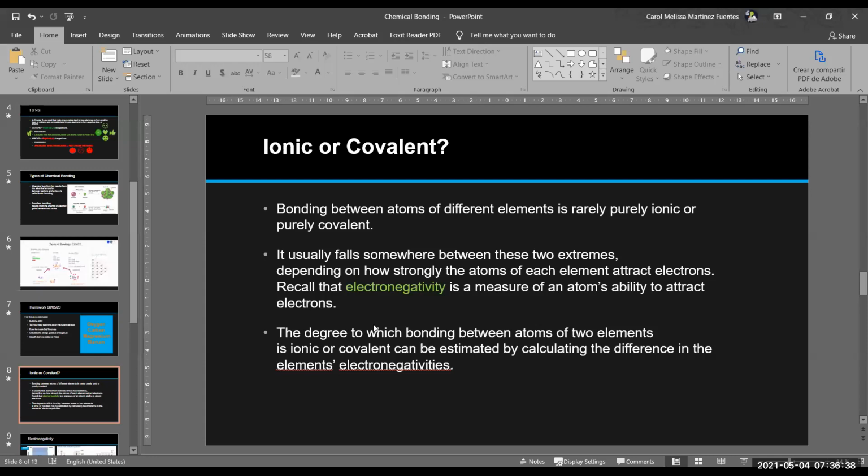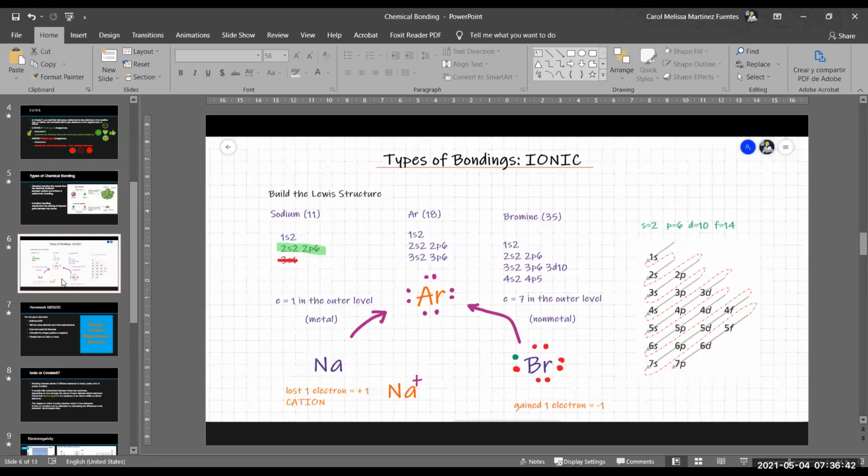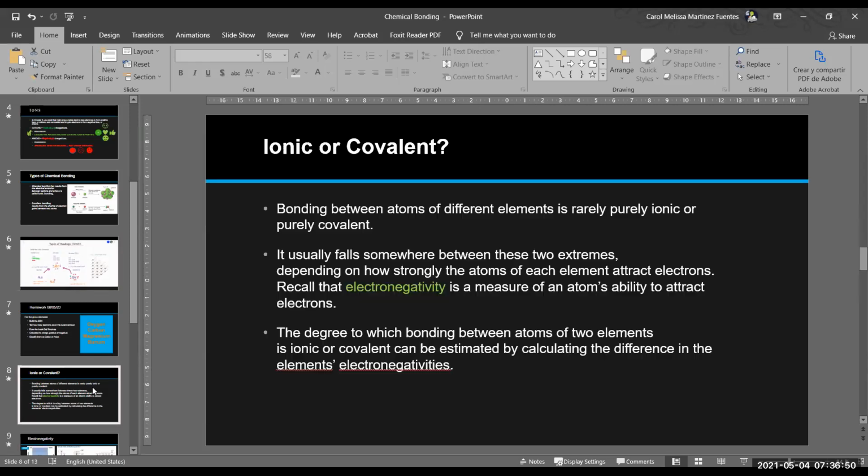So the type of bonding in the example that I did here between sodium and bromine is very hard to occur. So we have some kinds of bonding that are in between, and that is going to depend on electronegativity.